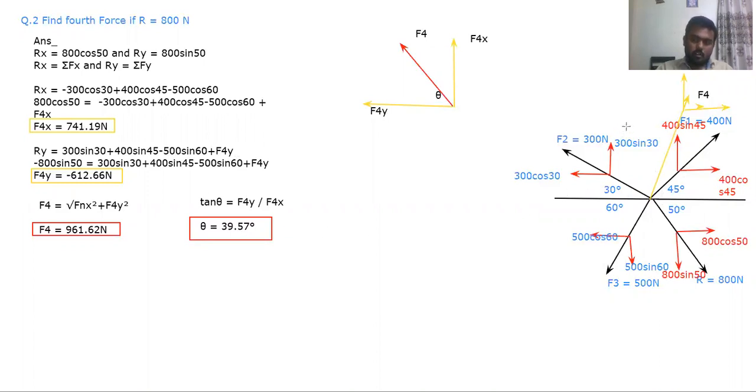So while drawing the diagram, make sure that you have drawn all the points, given the angles, the notations, the forces, then the components, because there are marks for every part, F4 and the theta.